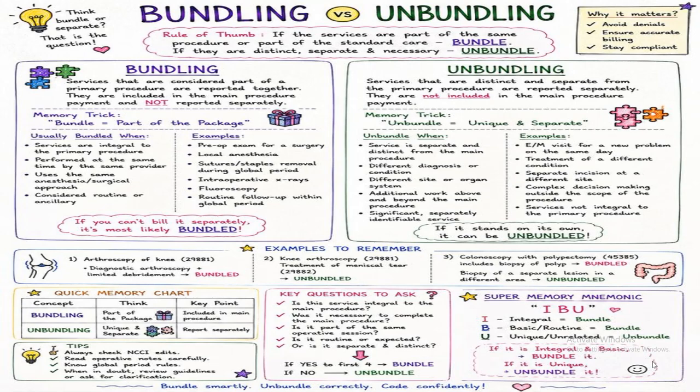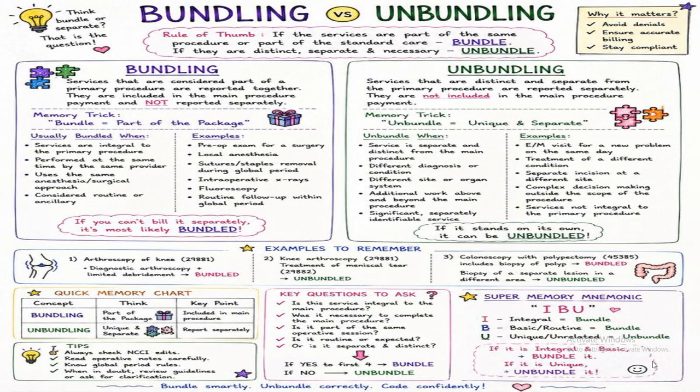Next, we will see a few example scenarios here. Arthroscopy of the knee, 29881. Diagnostic arthroscopy and limited debridement are always bundled in the therapeutic arthroscopy procedure. So here, along with 29881, you can't code diagnostic arthroscopy as well as limited debridement.